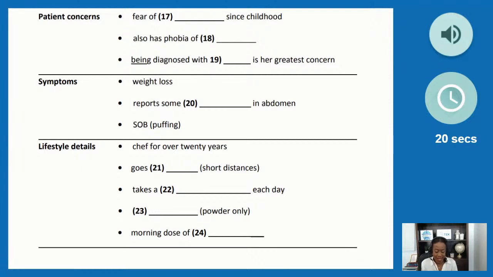So your 20 seconds starts now. Okay, I'm going to play the audio for you.